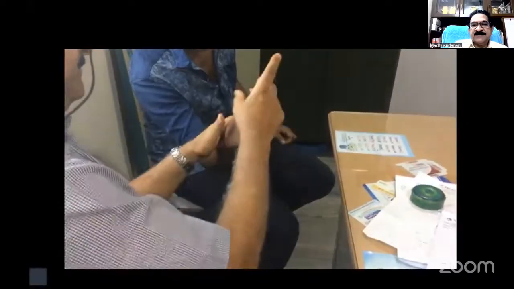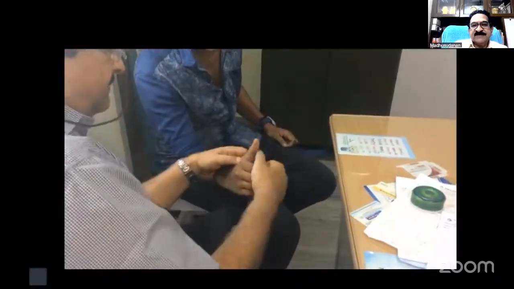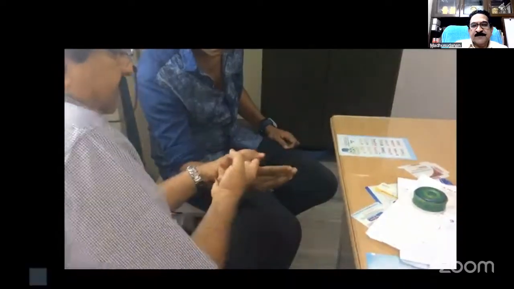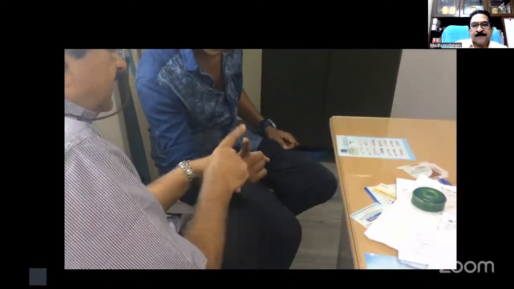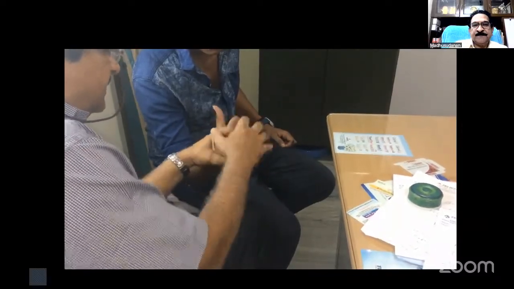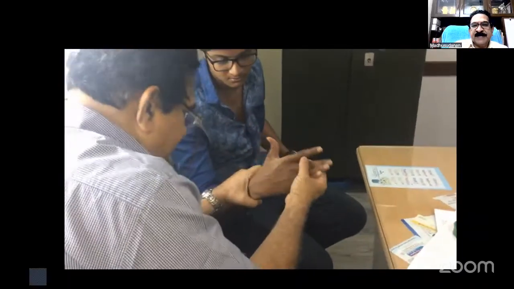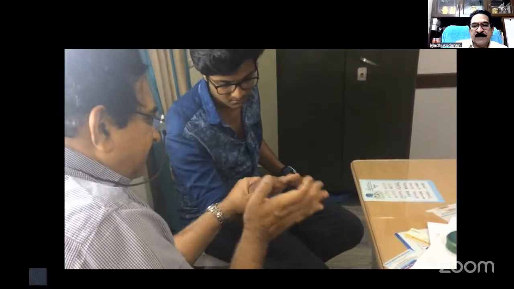Maximum weakness for the middle 3 fingers. In fact, all his fingers are mildly weak, more for the middle 3 fingers. Long finger flexors are normal. Flexor pollicis longus is normal. Extensor pollicis longus is weak. Extensor carpi radialis longus is normal.